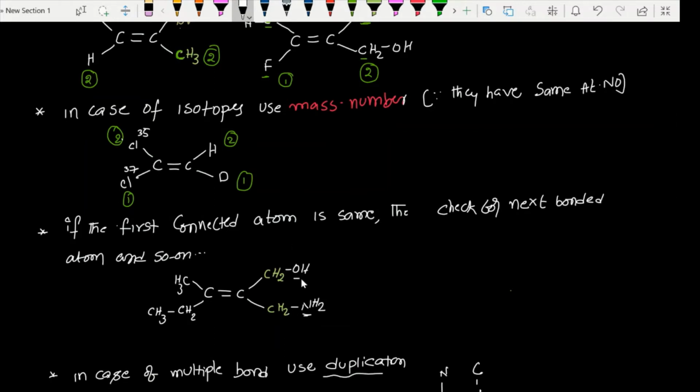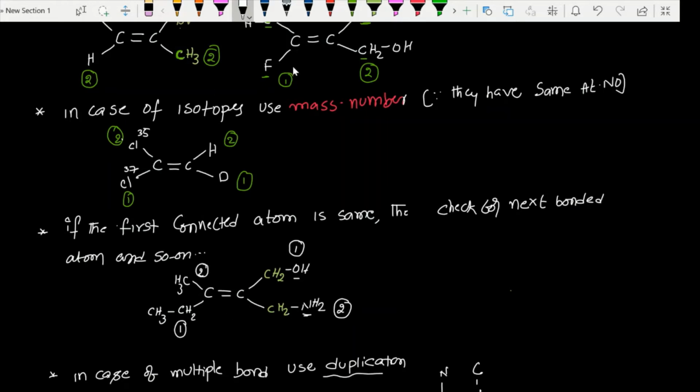Among oxygen and nitrogen, oxygen has the higher atomic number, so priority 1 goes to this one and priority 2 to this one. If by chance the second atom is also the same, then we go for the third. Here it is carbon and carbon, but this one is connected to one more carbon, so this becomes priority 1 and this becomes priority 2.